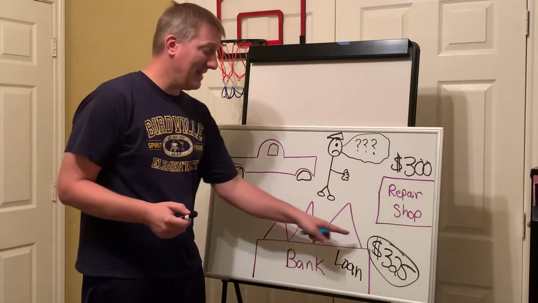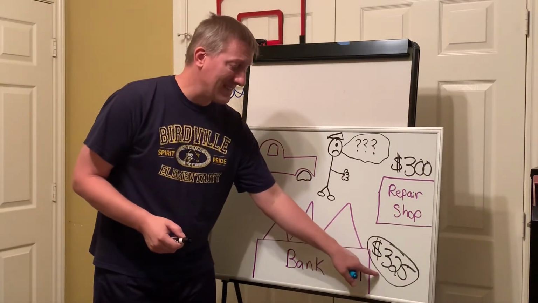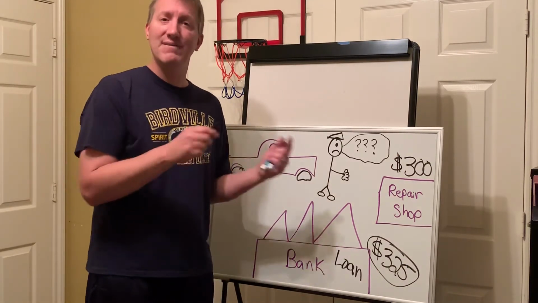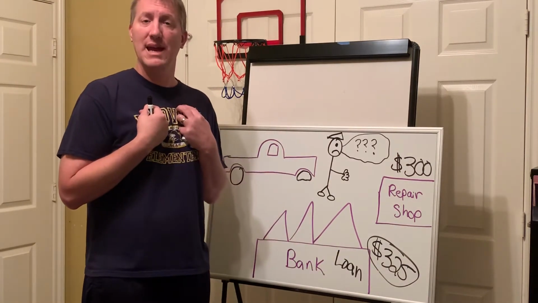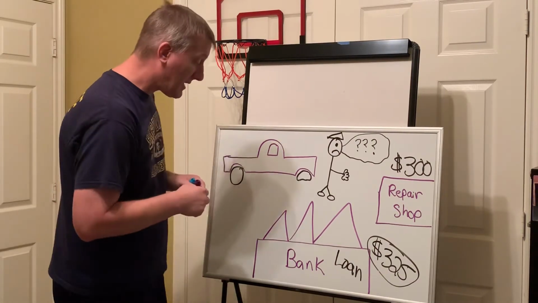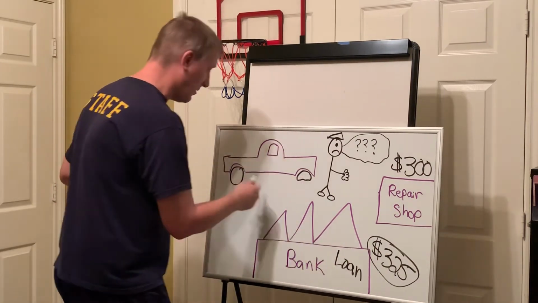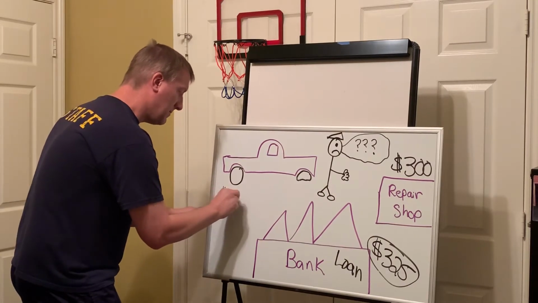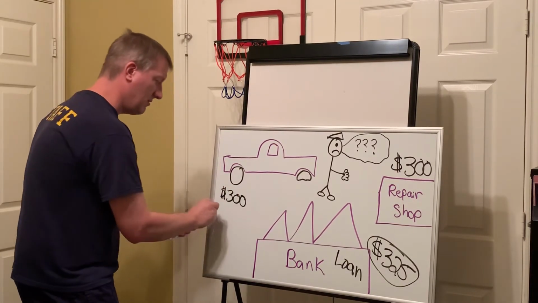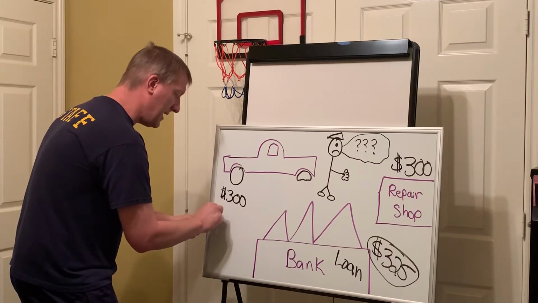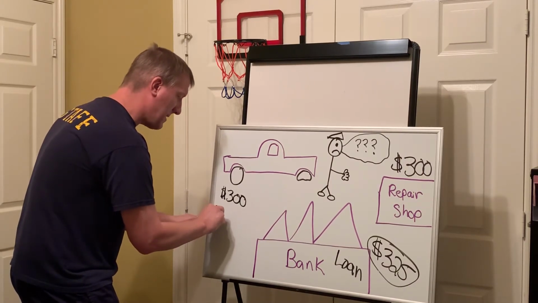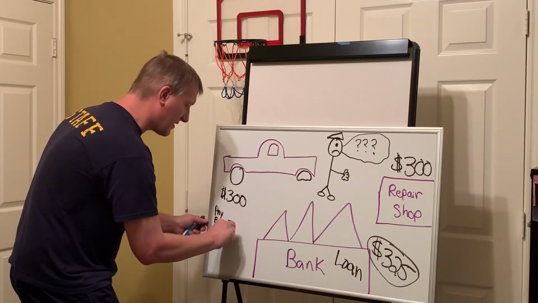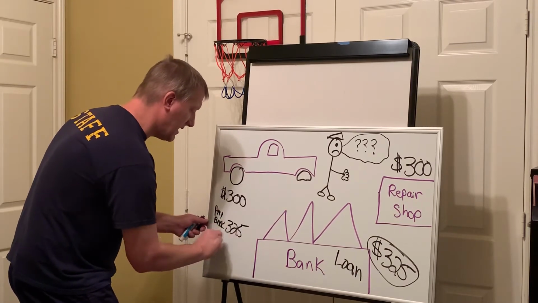But then in 2 weeks, you're going to have to pay $325 to us. And so it looks like this. The bank gives me $300. I have to pay back $325.